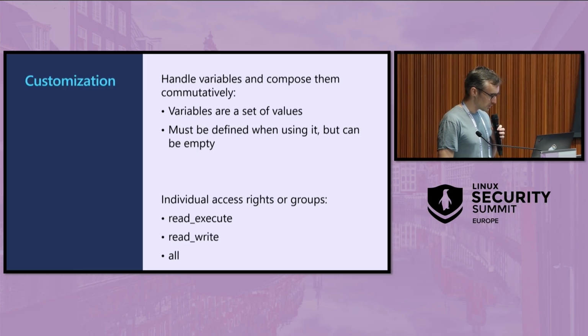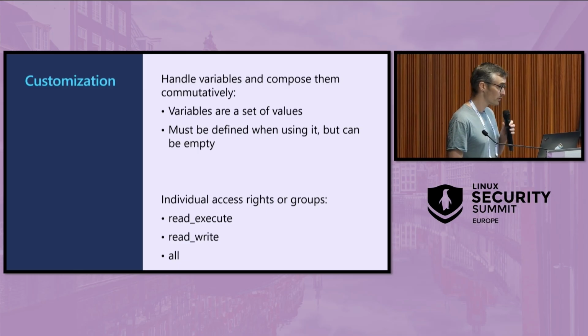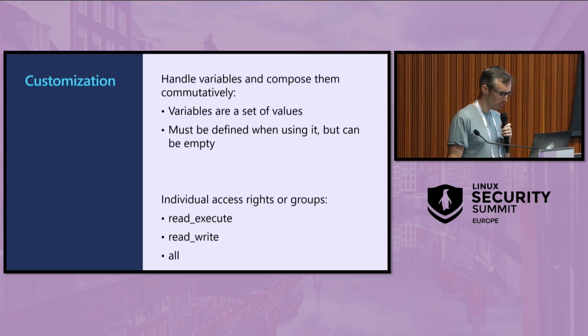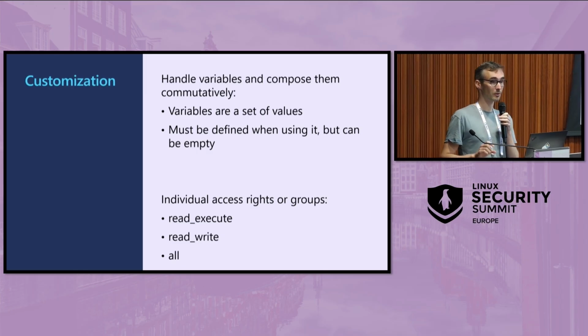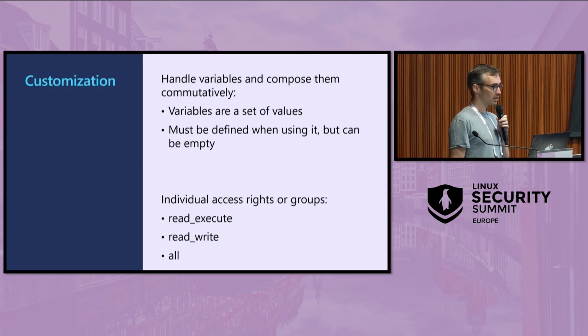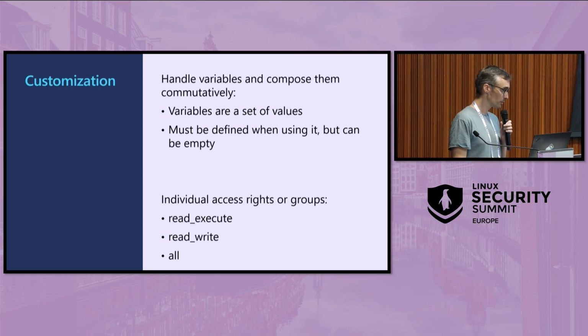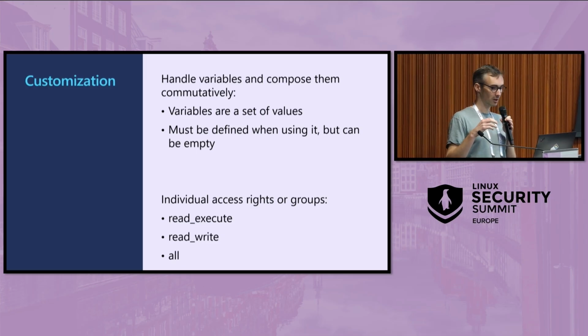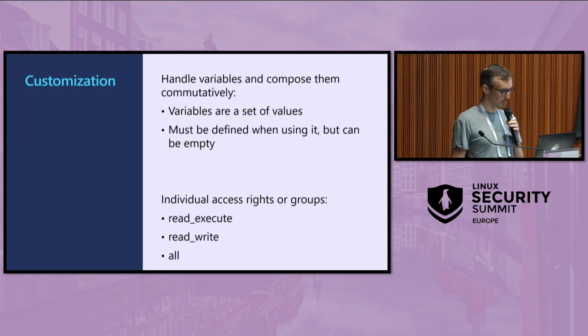About the customization, the main idea is to use variables, so that's not something new. But what might be a bit interesting is, as we saw in the example, variables contain a set of values, not only one, but a set of values. First it might be useful because you might want to extend one path to several paths at the same time.